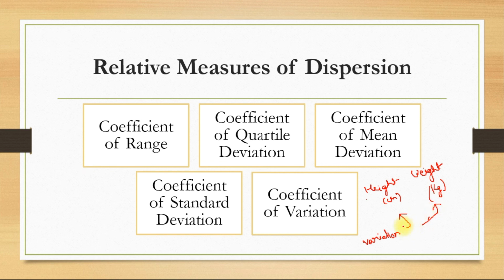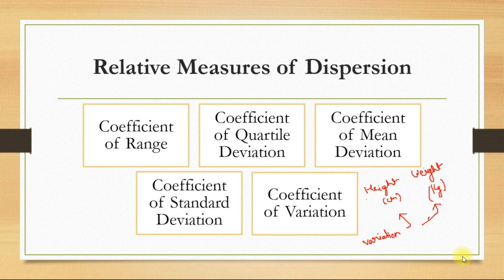But if we are using relative measures, then what will happen? We will get pure numbers. So that means they are unitless. So in this case, it is easy to compare the variation between two series.